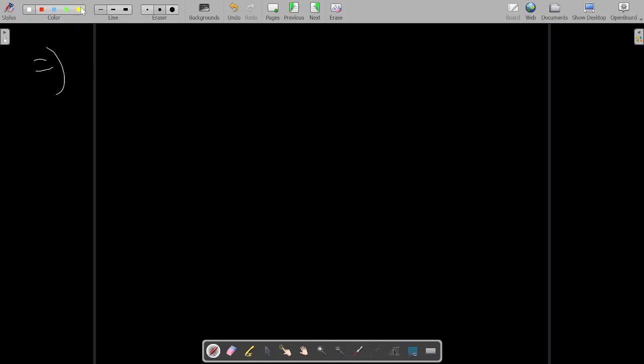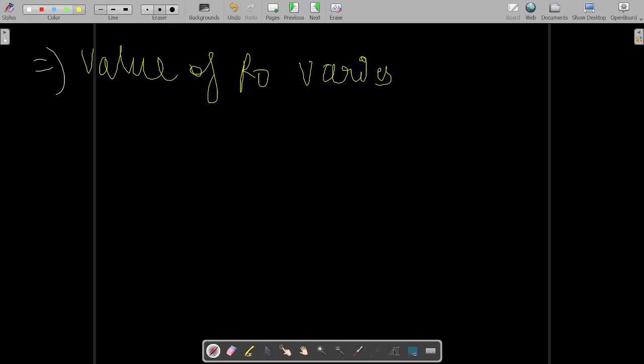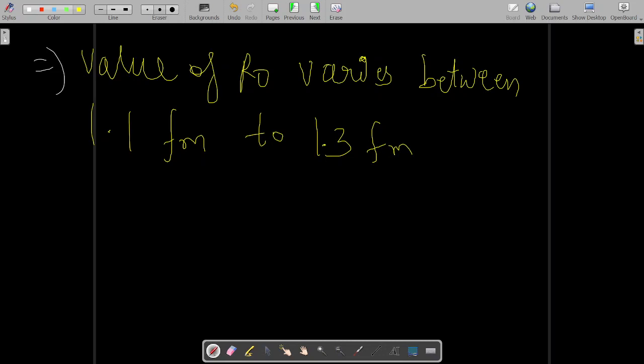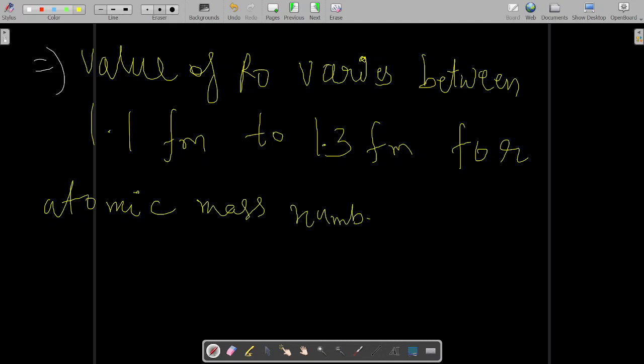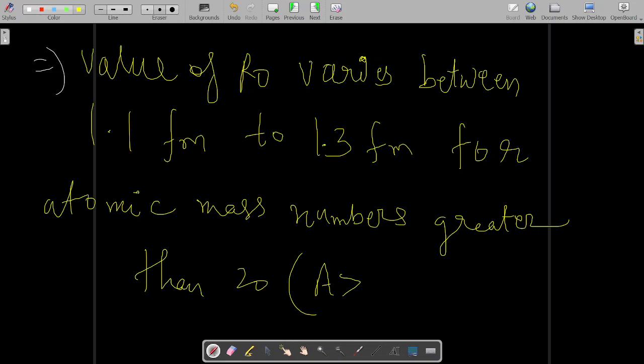So write over here: value of R naught varies between 1.1 Fermi to 1.3 Fermi for atomic mass numbers greater than 20, that is A greater than 20.